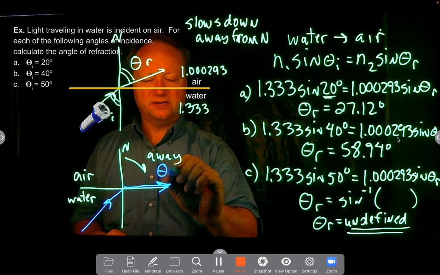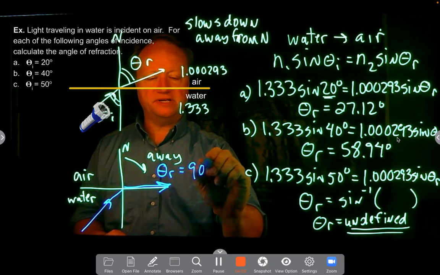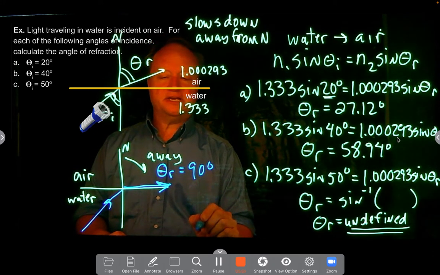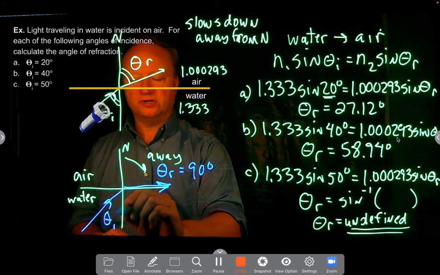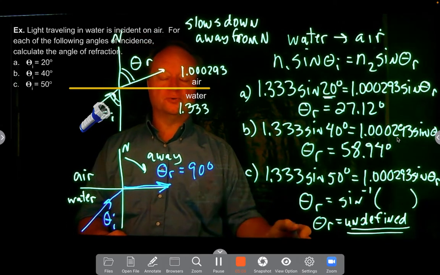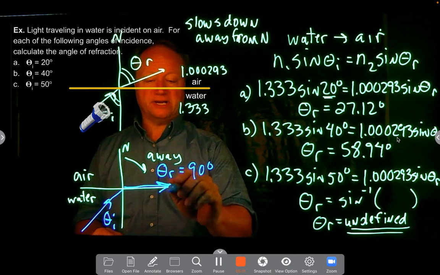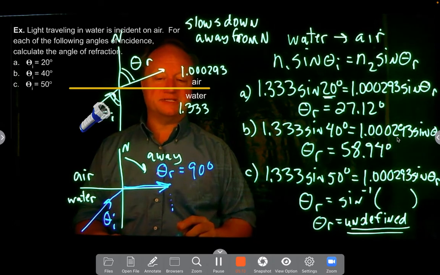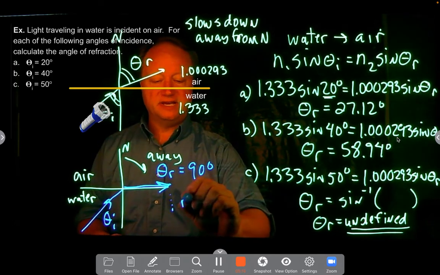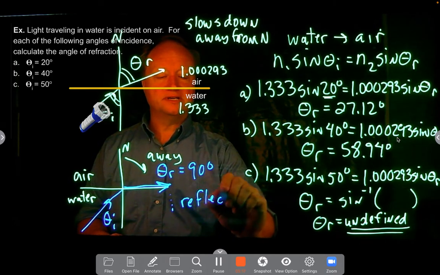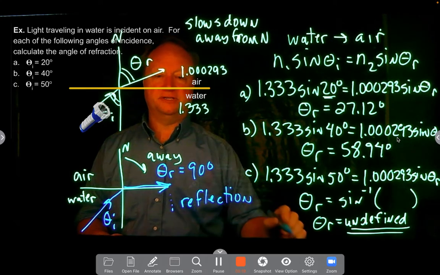In other words, that theta r would be 90 degrees. If we try to push to a large enough theta i to go greater than 90 degrees, then we don't have a refraction taking place, because greater than 90 degrees would keep us down here in our lower substance, and then that would be a reflection.